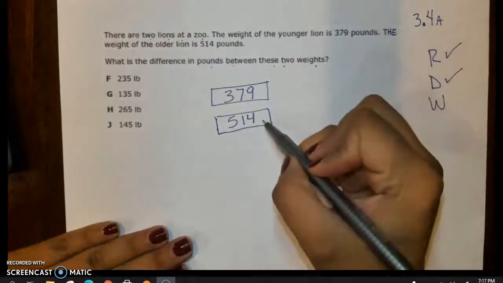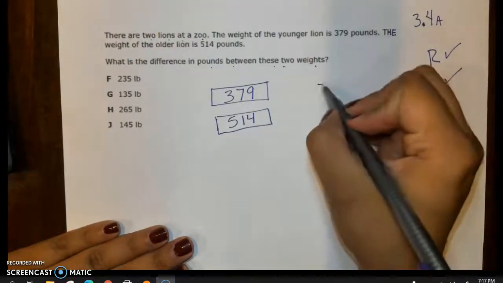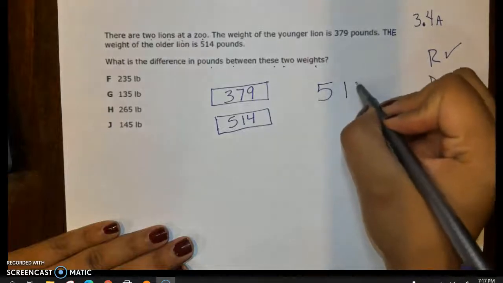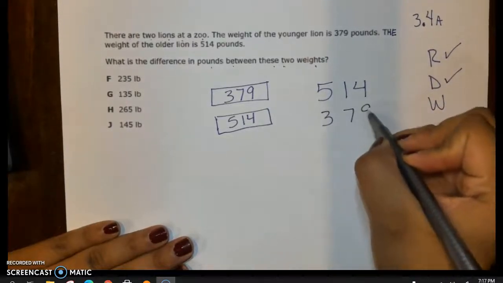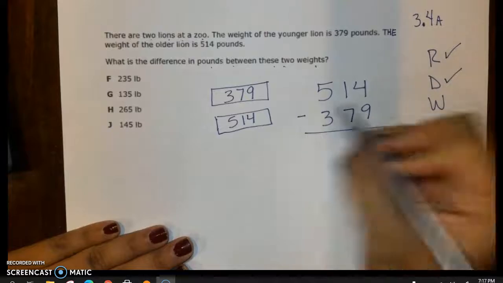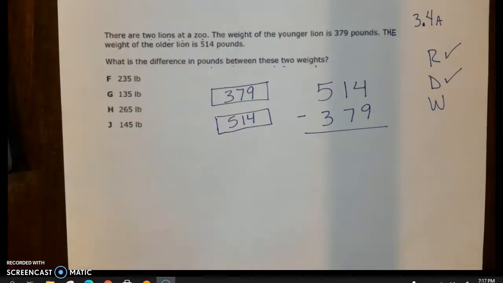So remember, when you subtract, look at the larger number, because he's going to go on top. My smaller number is going to go on the bottom. Now remember the strategy that your teacher gives you, whether it's to use grid paper, place value chart, or turn your notebook paper horizontally.